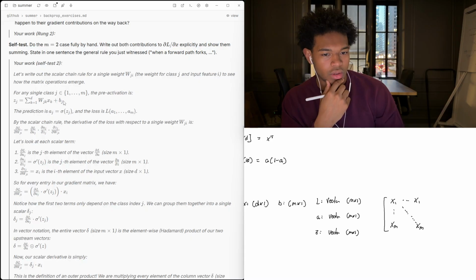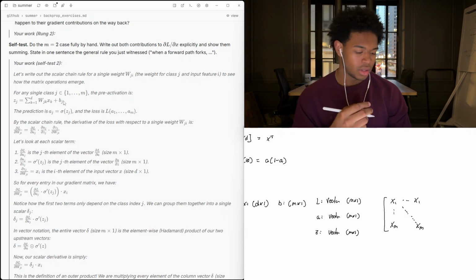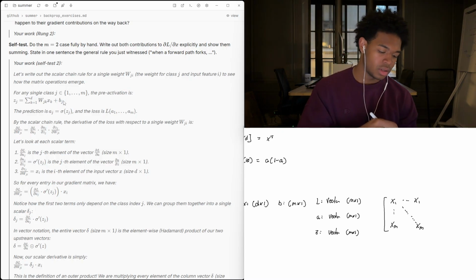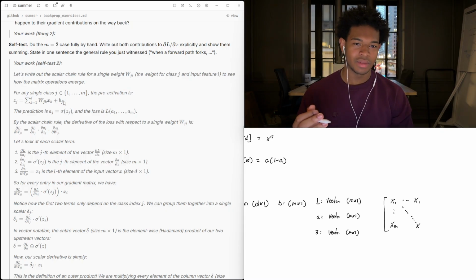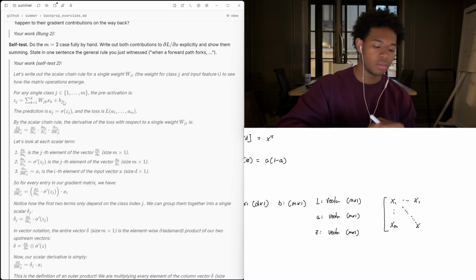Wait, how do I denote? There's no XM, but there's M of them.